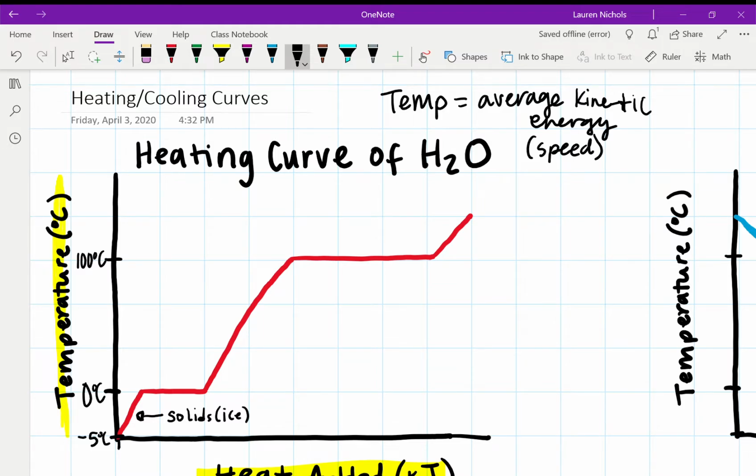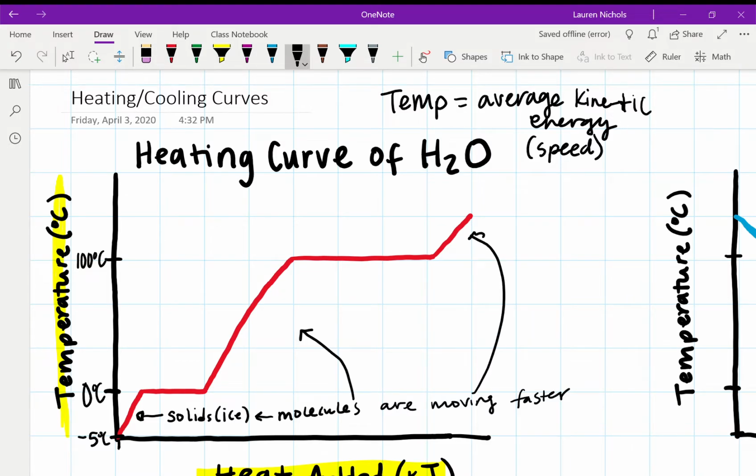So if the temperature is increasing from -5 to 0, because the line is going up, that means the molecules are moving faster. And this would be true for all of the angled portions. They are all moving faster when the line is moving up.